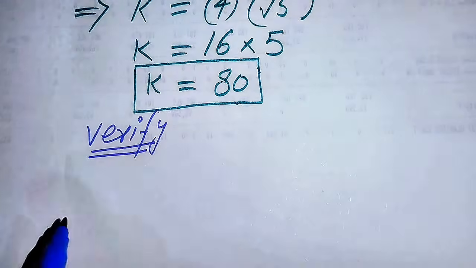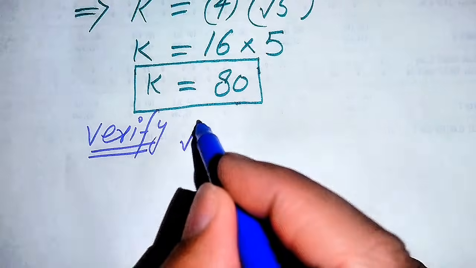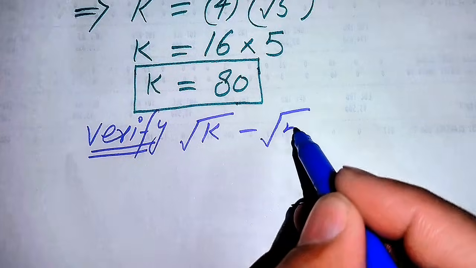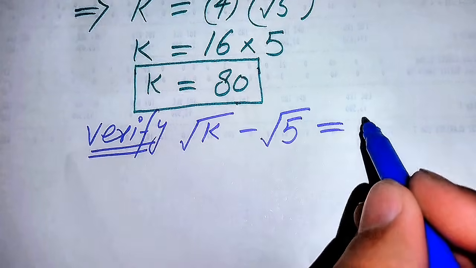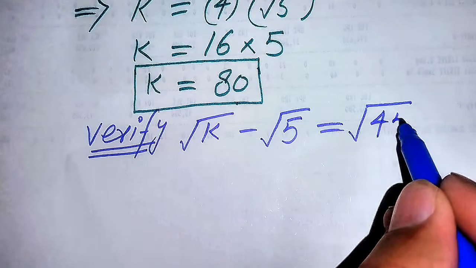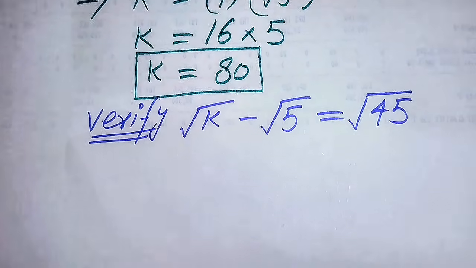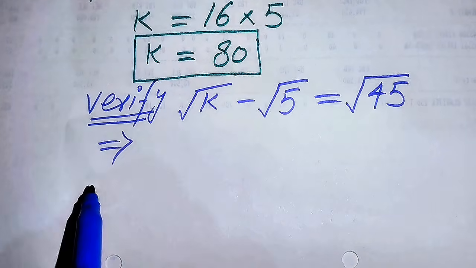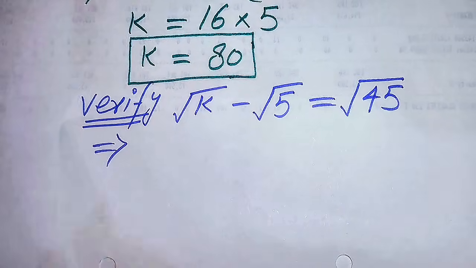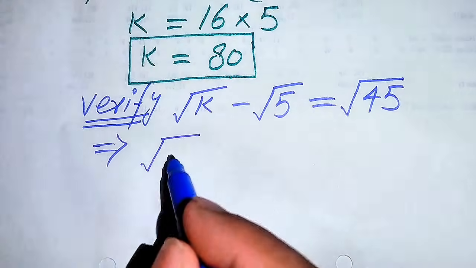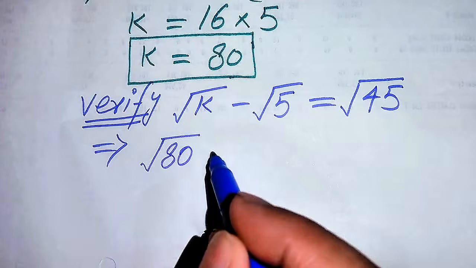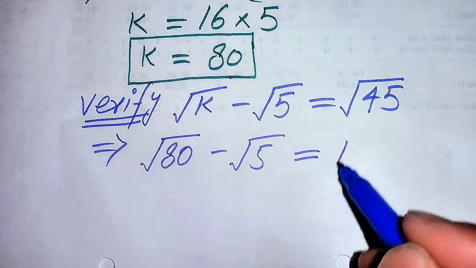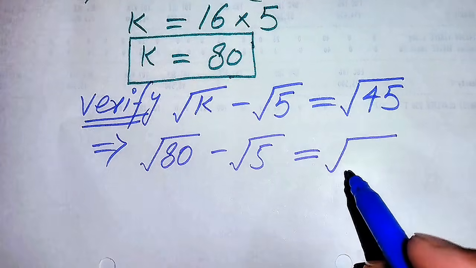For verification, we copy down the given question statement here: square root of k minus square root of 5 is equal to square root of 45. Now we substitute the value of k into the left hand side of this equation, and it will be written as square root of 80 minus square root of 5 is equal to square root of 45.